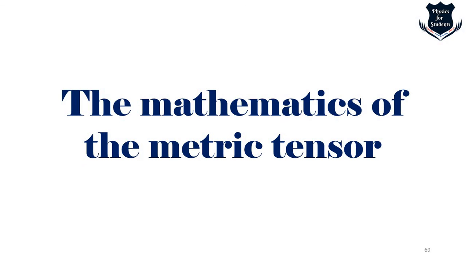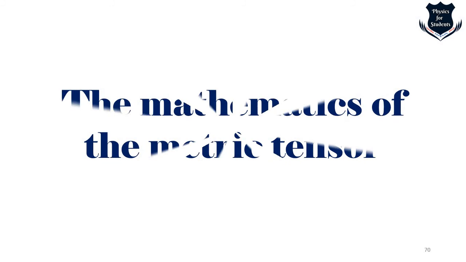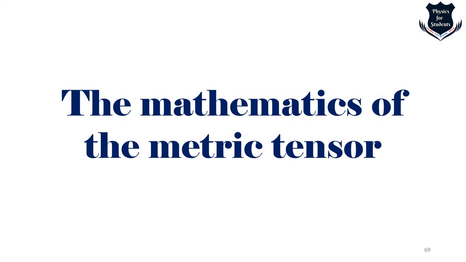Right, we now come to the last part of the video, which is called the mathematics of the metric tensor. When we talk of the mathematics of the metric tensor, we need to be aware that we are doing a lot of coordinate transformation. That means from Euclidean we are moving into non-Euclidean, from unstretched to stretched, from straight line to curvilinear lines, and all those things.